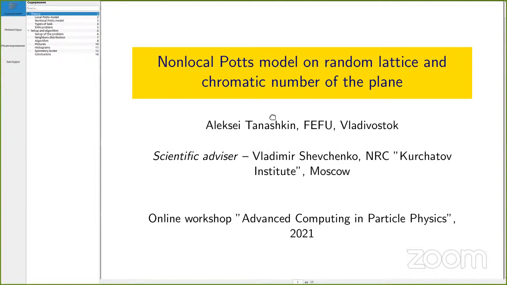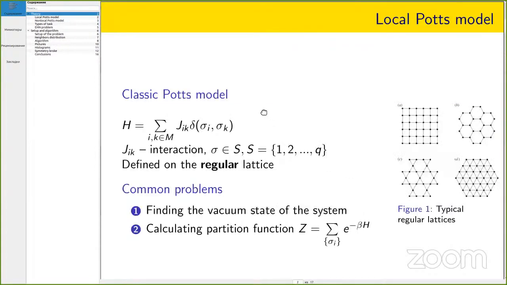In today's talk, I want to present some very interesting statistical model, and I'll start with the Potts model. It's defined on a regular lattice, and it is a natural generalization of the Ising model.